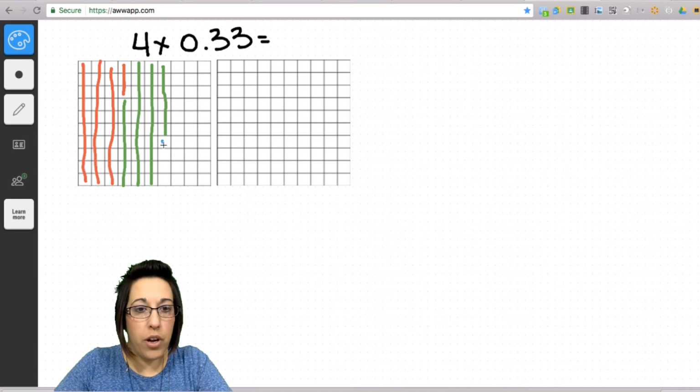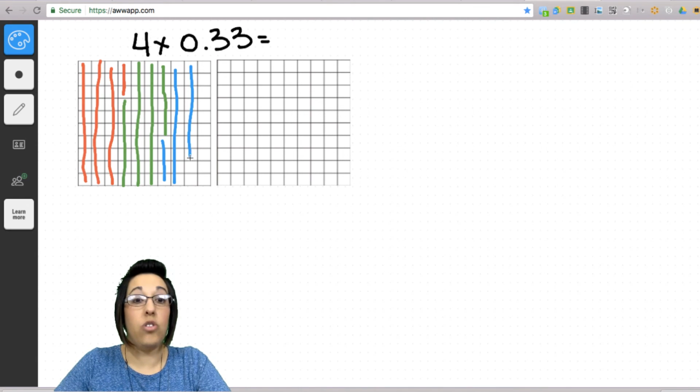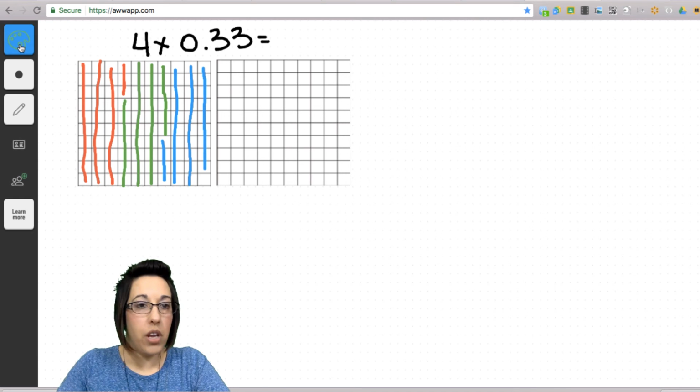One more group. 1, 2, 3, 4. Plus 10 is 14. Plus 10 is 24. 25, 26, 27, 28, 29, 30, 31, 32, 33. And I need one more group. 1 plus 10 is 11.